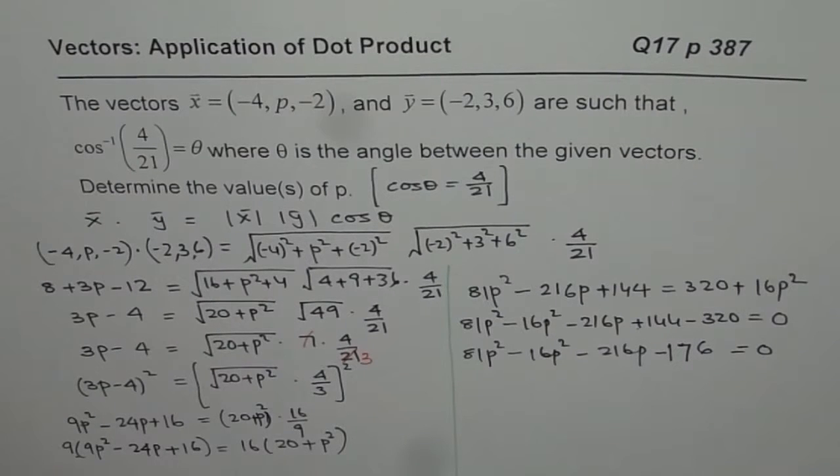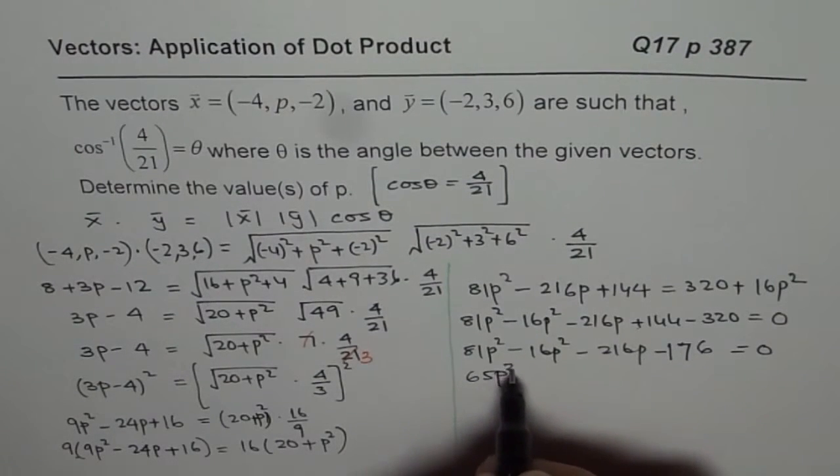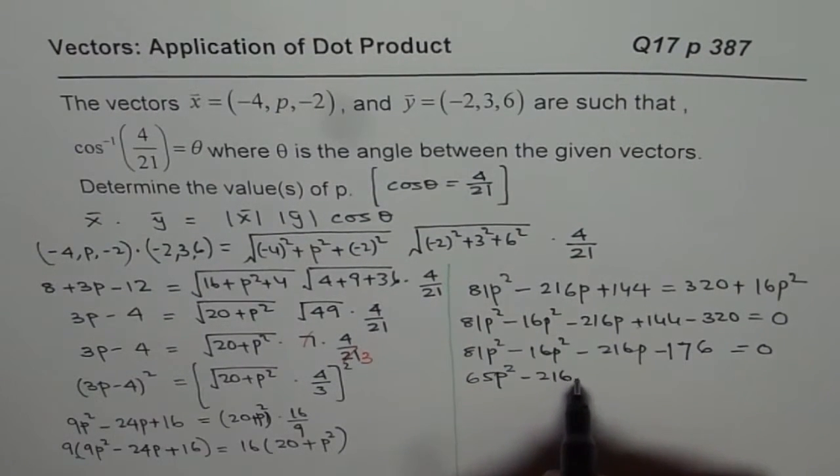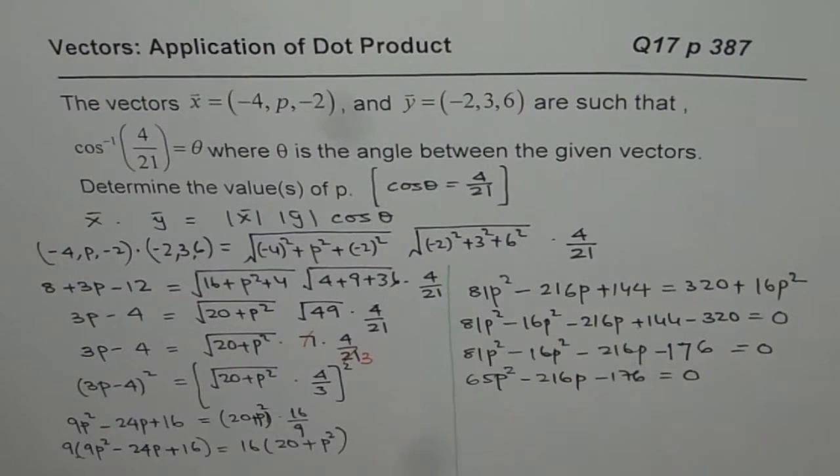So we have a quadratic equation. 81p squared minus 16p squared gives us 65p squared. So we have 65p squared minus 216p minus 176 equals 0. That's the quadratic equation.